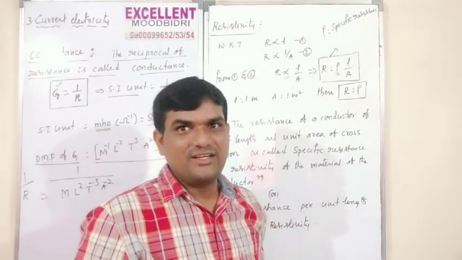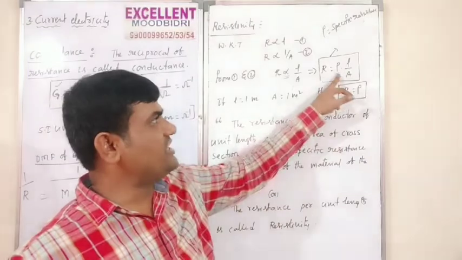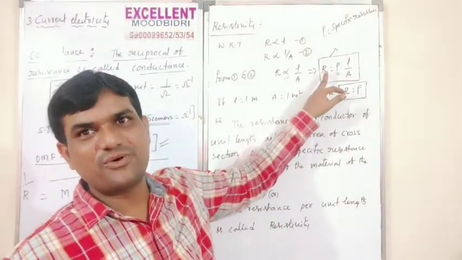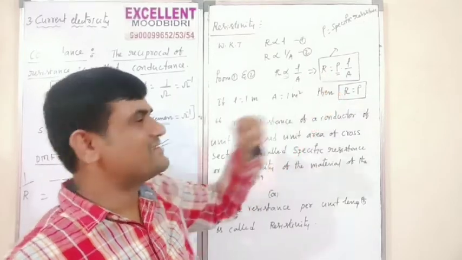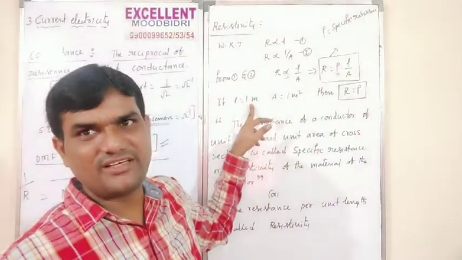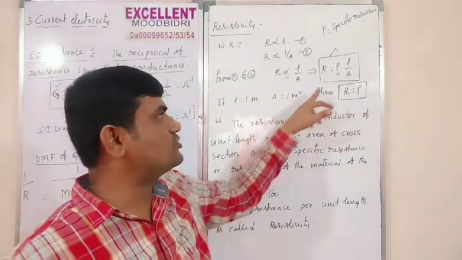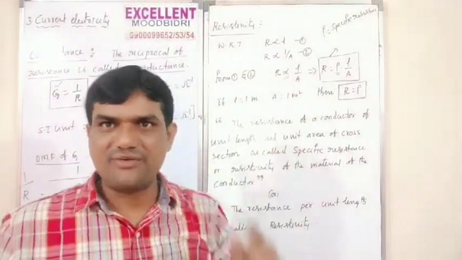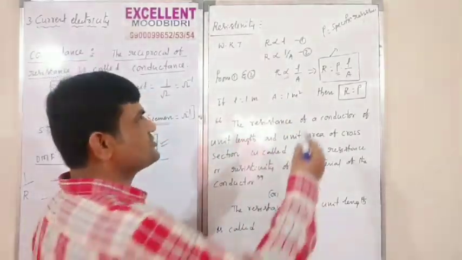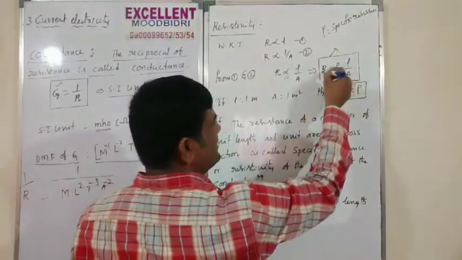When we say rho is equal to R, that means specific resistance is equal to resistance. If L is equal to 1 unit, that means 1 meter, and A, the area of cross section of the given conductor, is 1 meter square, then the 1 gets cancelled and R is equal to rho.